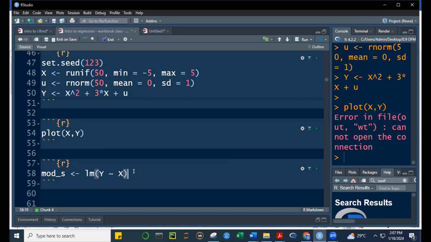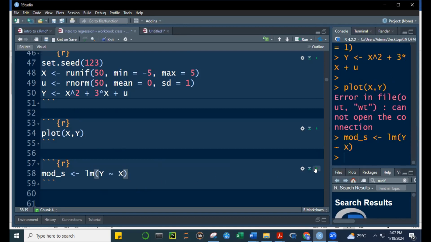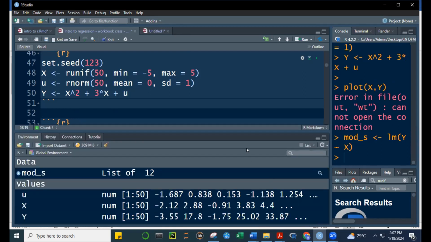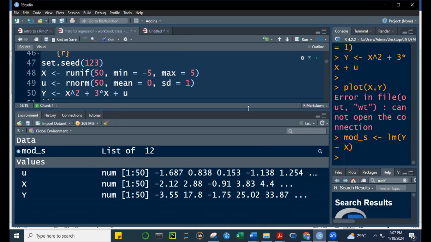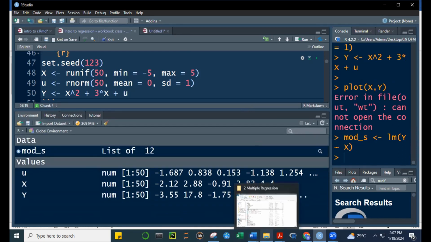Let's see what will happen if we use the LM function, and we're going to regress. We would like to model y, making use of our variable x. So let's run this. Run natin. And when you run it, class, what happened? What do you see in your environment window?